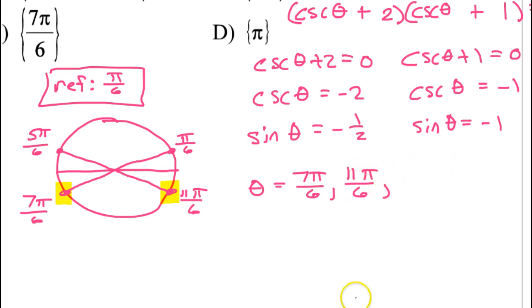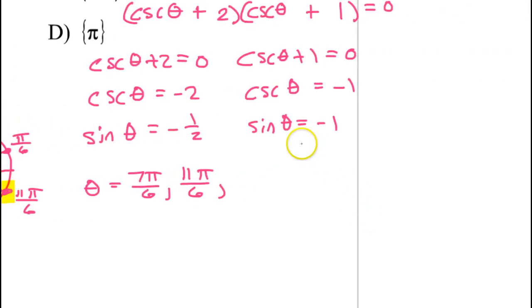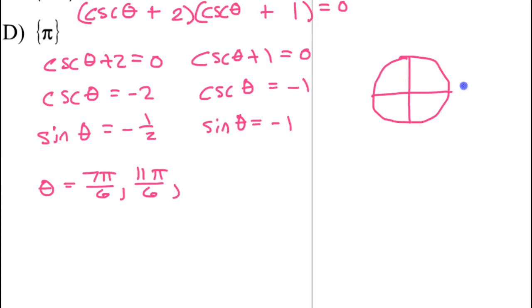Now how about this other equation? Well, this is a quadrantal angle. It's not a chart angle. So let's look at the quadrants. The coordinates of this point are 1, 0. This is 0, 1, -1, 0, and 0, -1.